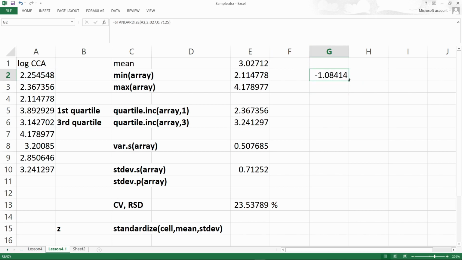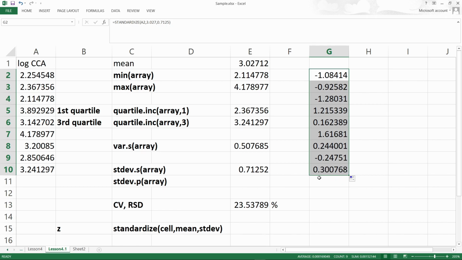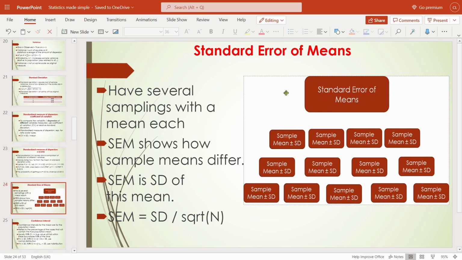Okay, then just drag this down, and from here immediately you can see the z-scores in standard deviation units of your sample data.